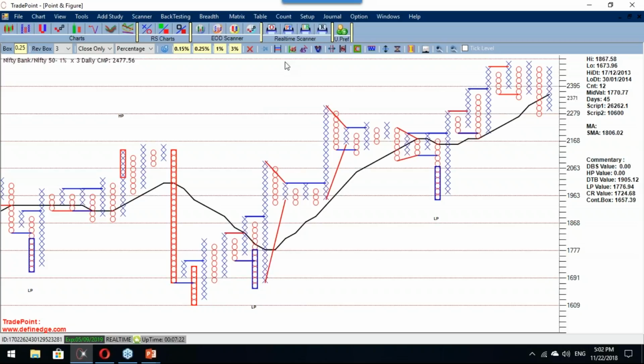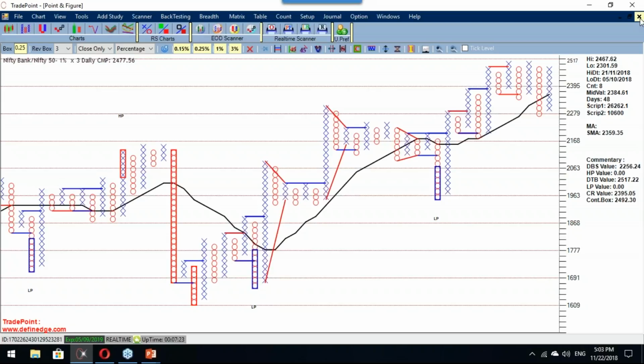Clear, everyone? No, we don't have a low pole here, isn't it? We don't have a low pole, and even if it is a low pole, it doesn't matter. What we are interested in is only a buy signal or a sell signal, right?